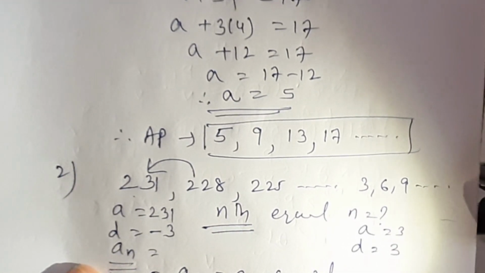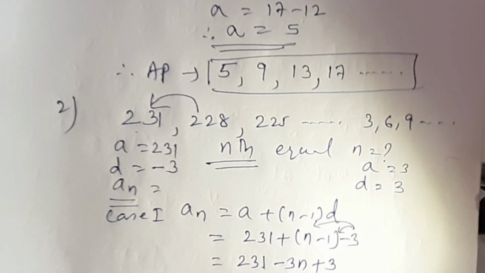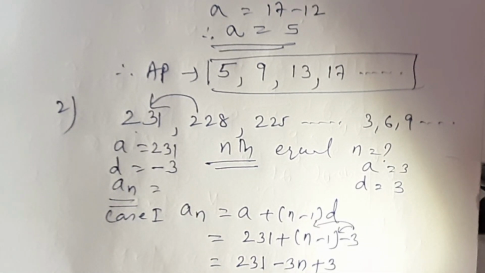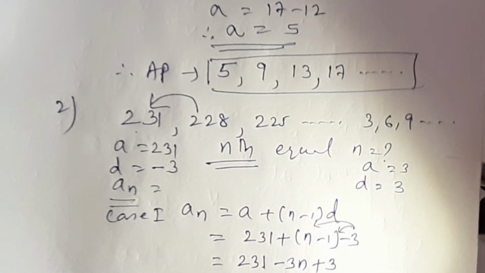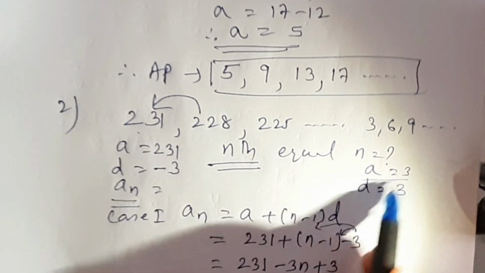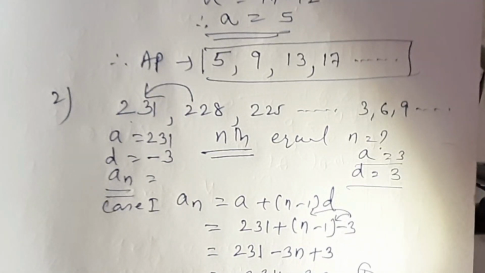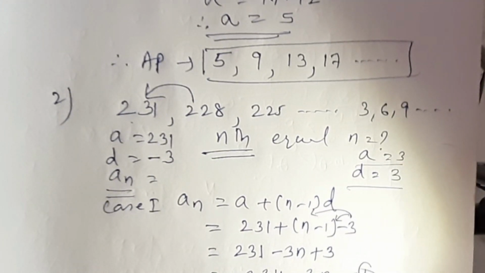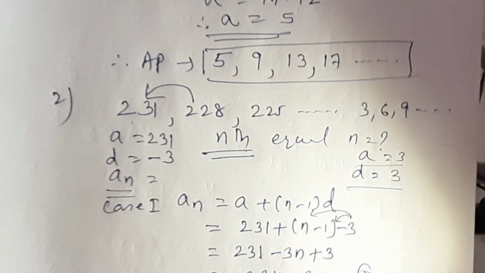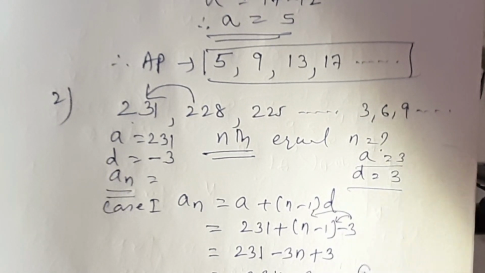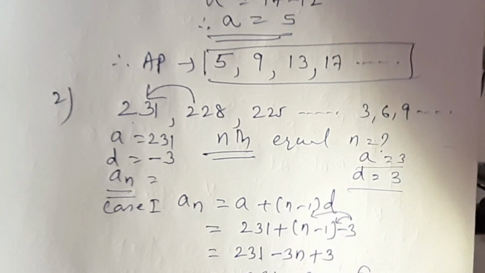So this is our first equation. Now for case 2, where we have A as 3 and D as 3: A plus n minus 1 times D. Here A is 3, n minus 1, D is also 3. 3 plus, now open the bracket, 3n minus 3. So we got 3n.